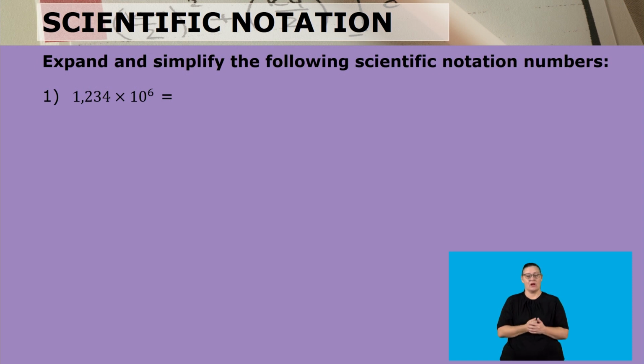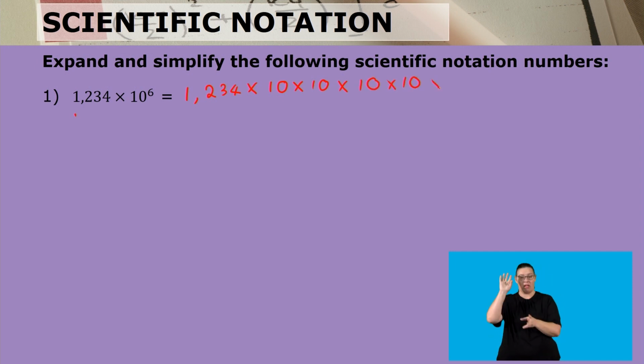So remember, if we have 1,234 and we are multiplying that by 6 tens, so that is going to be multiplied by 10, multiplied by 10, multiplied by 10, multiplied by 10, multiplied by 10, and lastly multiplied by 10.